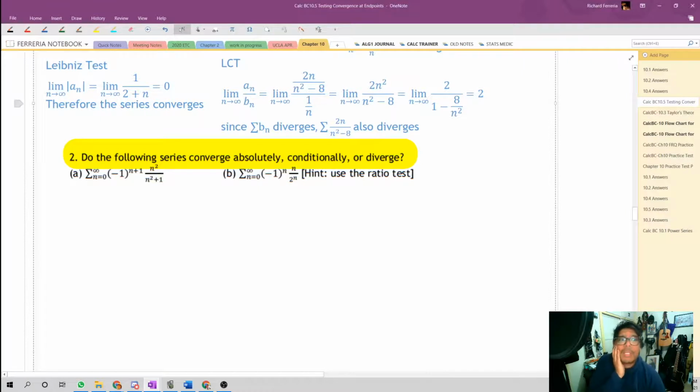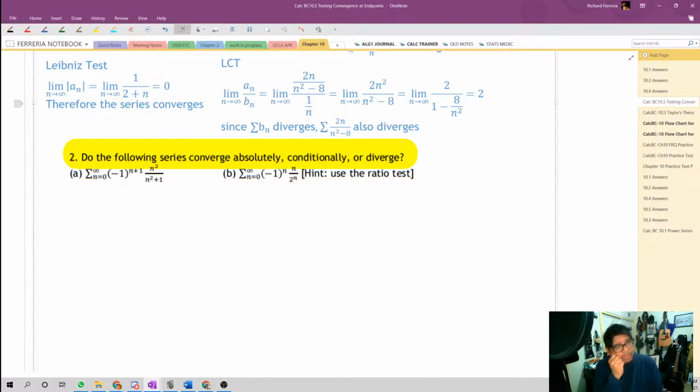Next, we're going to see if these series converge absolutely, conditionally, or diverge. So let's take a look at this, and we have -1 to the n plus 1, n squared over n squared plus 1.